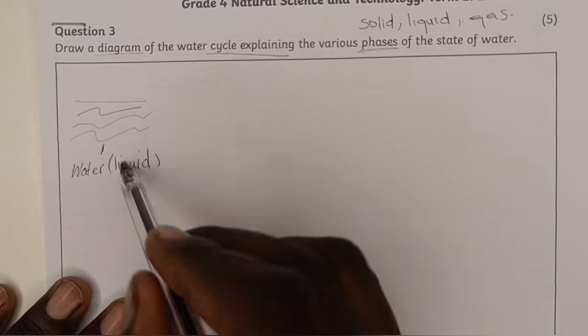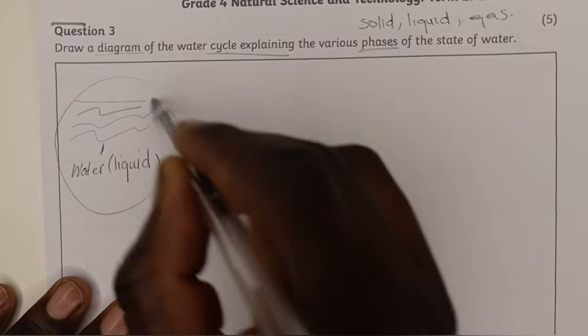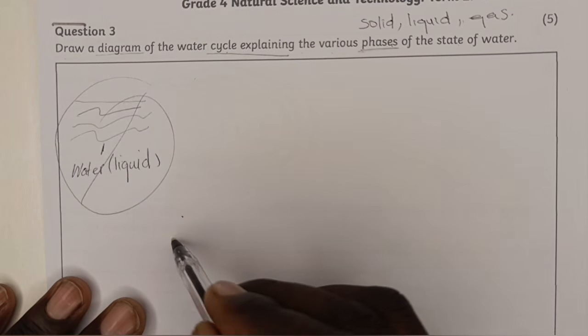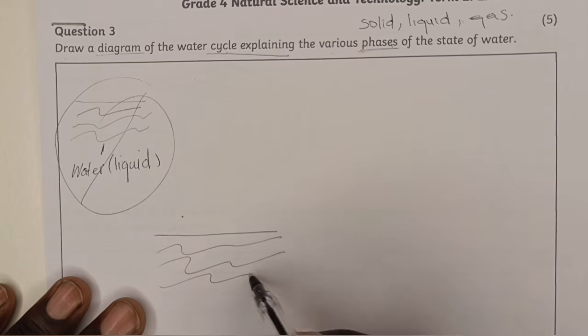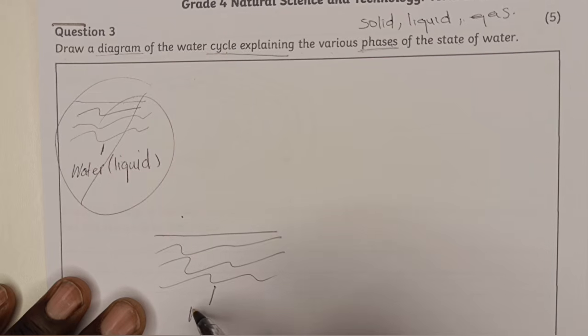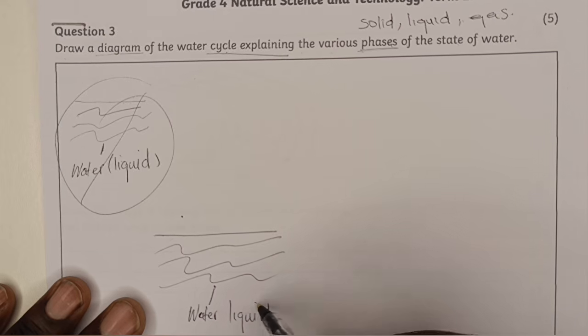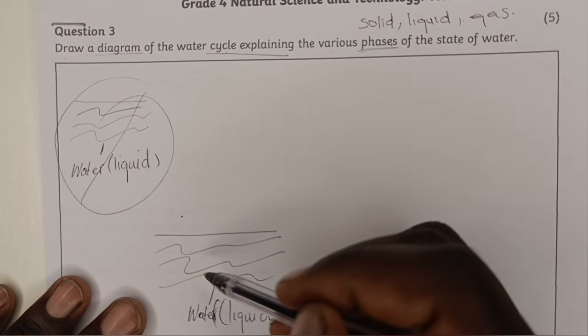So, okay, maybe let's do it like this. Let's cancel this and let's have our sea here. So this is a sea and it's water. We said water is liquid. Liquid water.